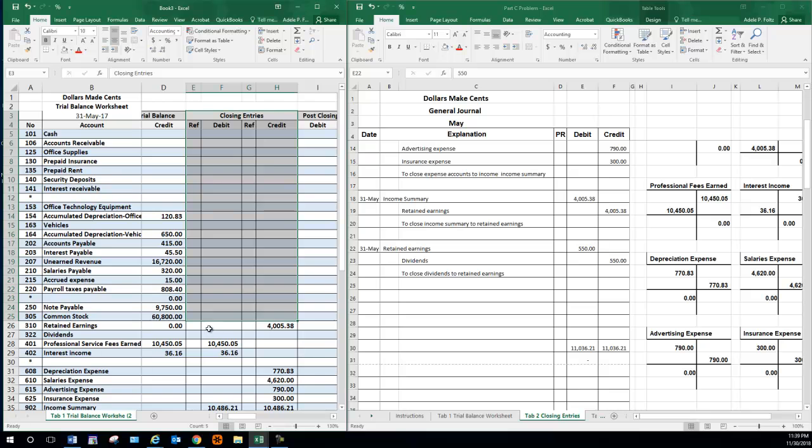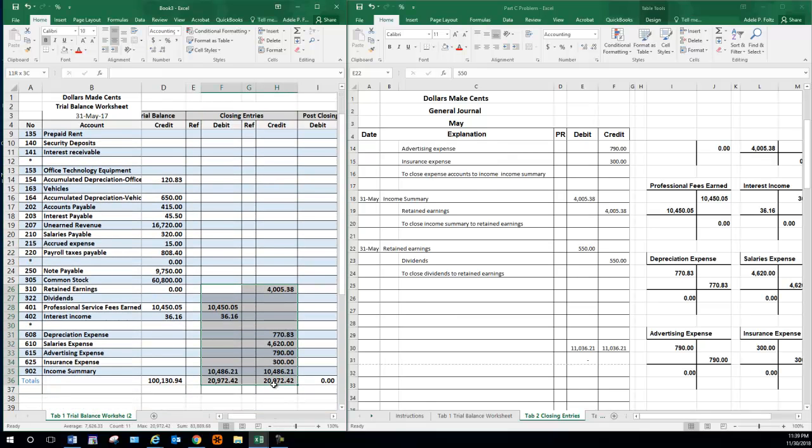Our entries are all down from retained earnings down through all of our expenses. So we debited retained earnings for 550, and we credited our dividends account by 550, and we check to make sure we're still in balance down here. We are. It's one way that you make sure you're in balance at the end.